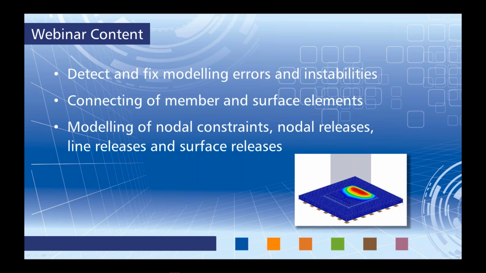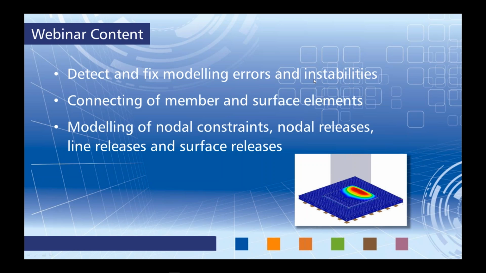All right, thank you very much, Amy, for the introduction. Let me just check if you can see my screen. Yeah, that's fine. Today we have three topics, and we're going to start with the first one in RSTAB. This is how you can detect and fix modeling errors and instabilities. We will also continue in RFEM with one or two small examples for instabilities, and after that we will check how you can connect members and surface elements properly.